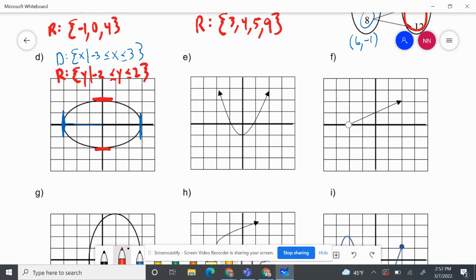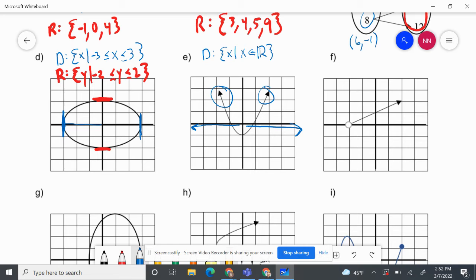Now for the next one, what we have are arrows. This changes things because that means that it's going to the left, and this arrow right here means that it's going to the right. So when we're doing our domain, what we're going to do is we're going to put x such that x is all real numbers.